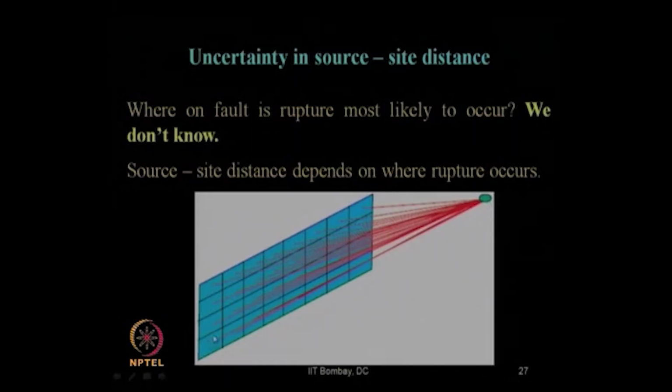Did you get my point? Look at here. These are all the distances measured to the center of each of the smaller elements within that entire fault. That is, you subdivide the entire fault into a number of elements, because automatically then your distance from the site to the center of each element will change. Clear?